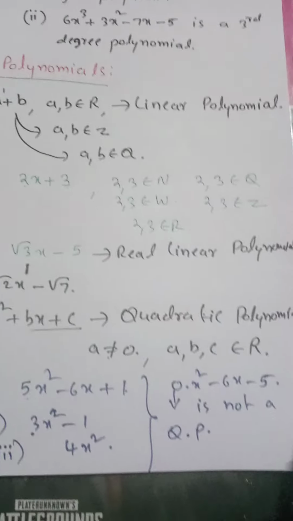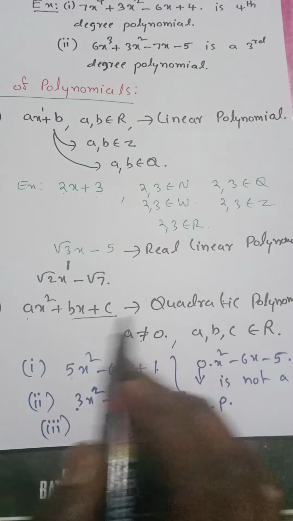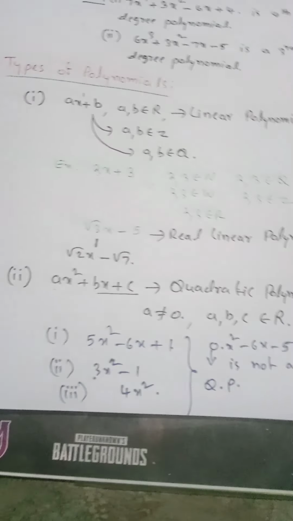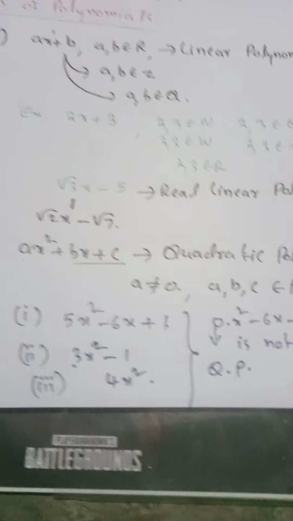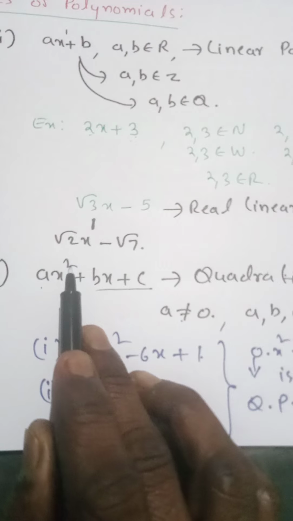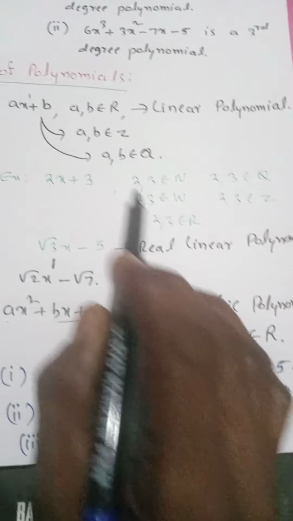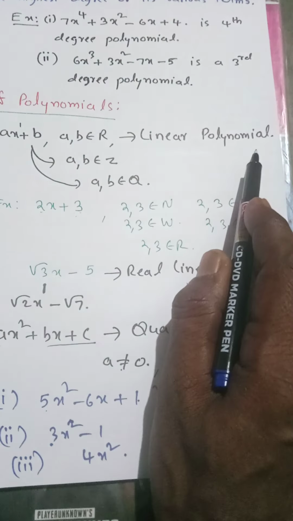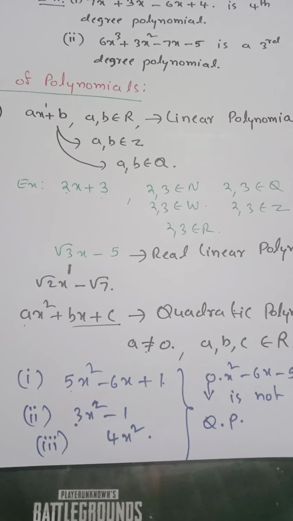So already I said a quadratic polynomial becomes a linear polynomial if and only if the value of a is 0. You need to remember. So in this case you need to remember very carefully, every second degree polynomial we call a quadratic polynomial. Every first degree polynomial we call a linear polynomial. Now let us consider the polynomial whose degree is 3.